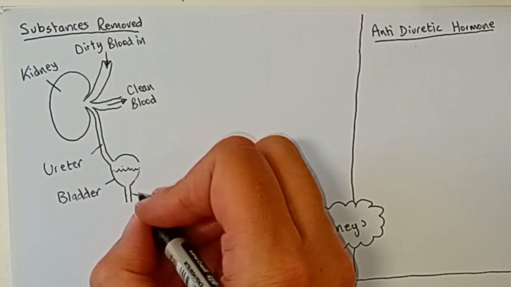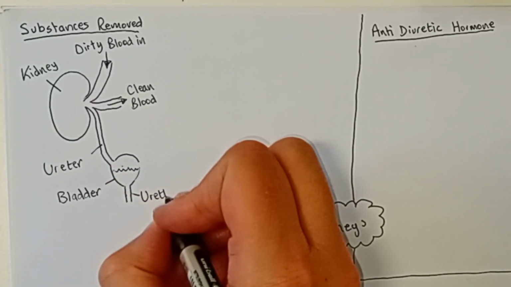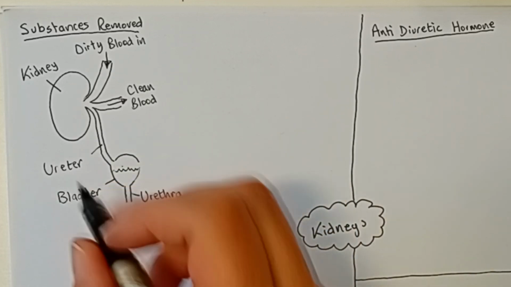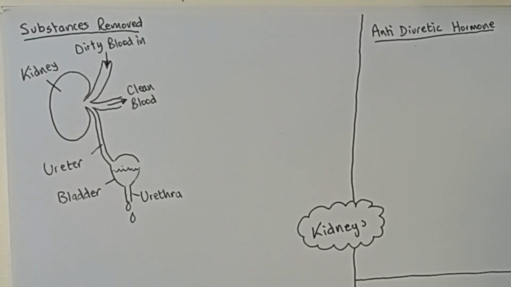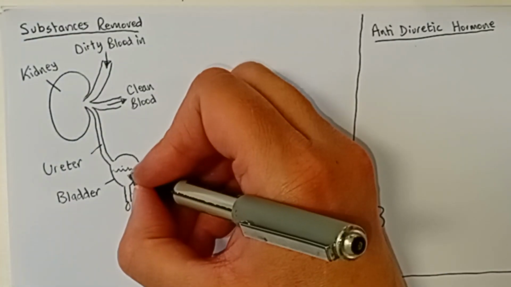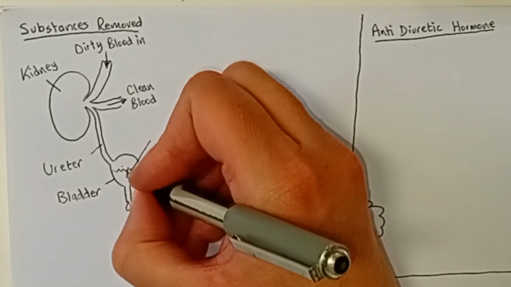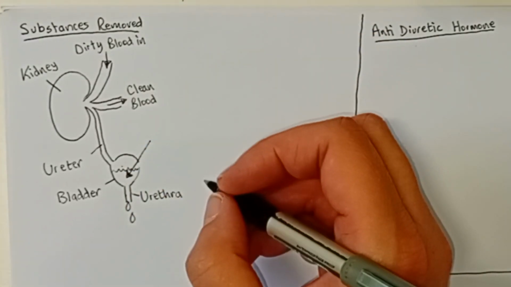This pipe here that comes out is called the urethra. Very similar to ureter, but not. And that's the urine that comes out at the bottom. So the urine contains the waste substances.